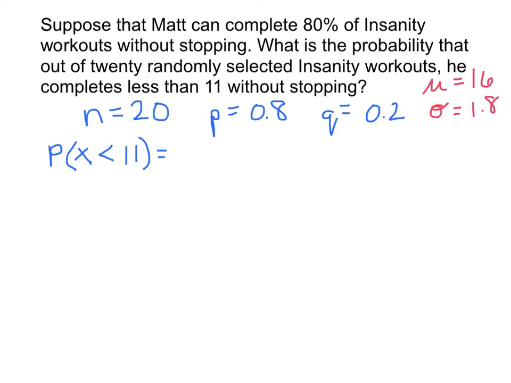So would less than 11 have a big chance of happening or a smaller chance? Looking at these numbers on the right, less than 11, which would be 10, 9, 8, or less, is not going to be as likely to happen as the other values near 16.